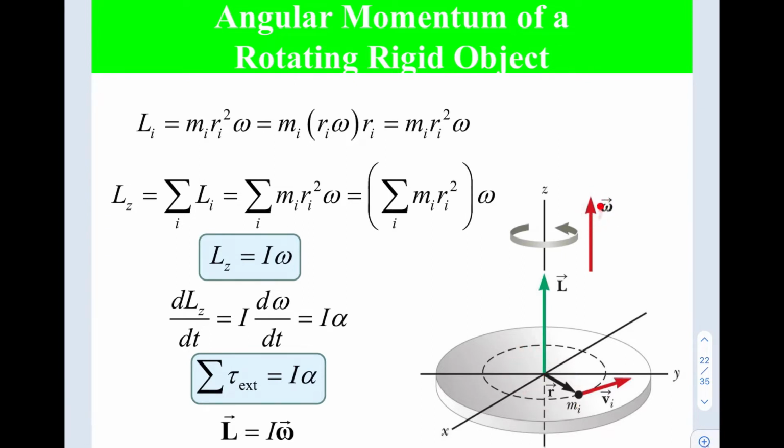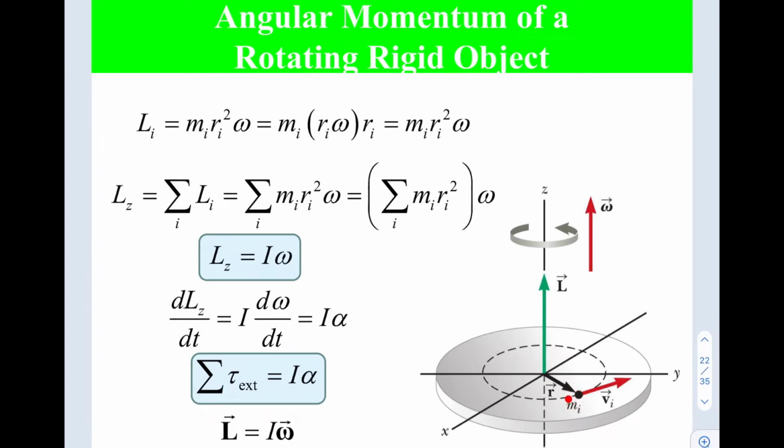Let's determine the angular momentum of this object since it is in rotation with omega along the axis. Every single particle within this object rotates in the xy plane about the z-axis with the same angular speed omega.